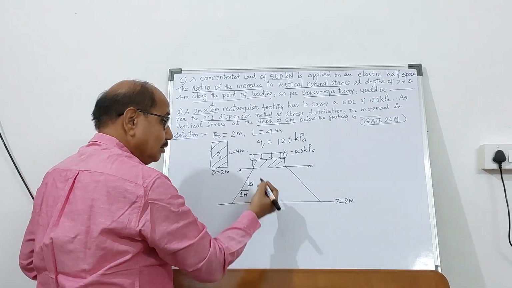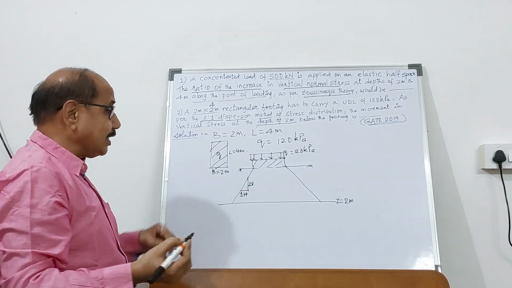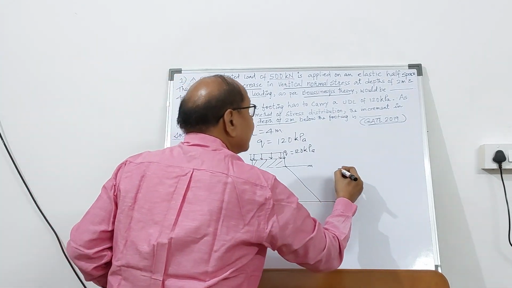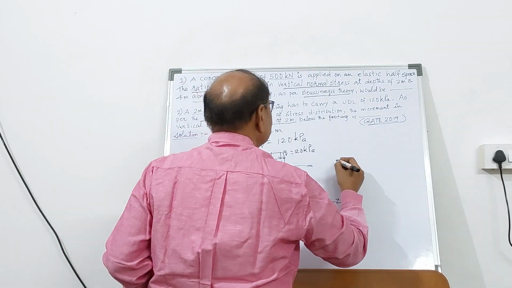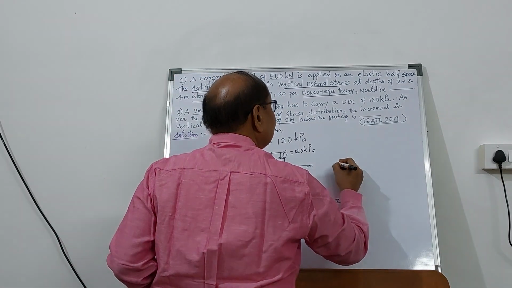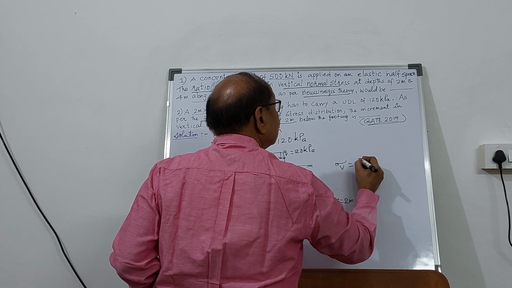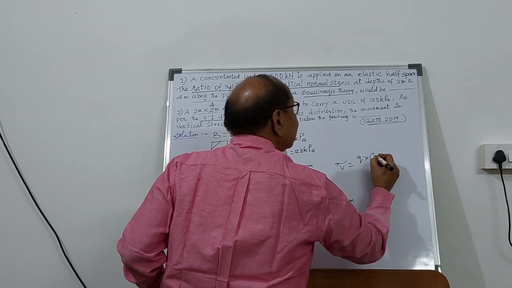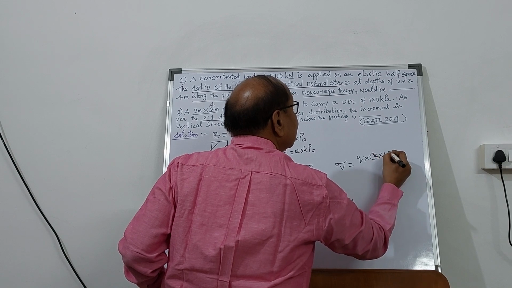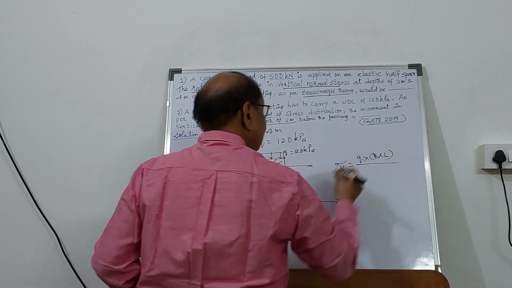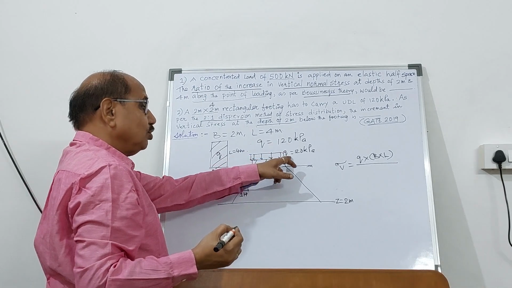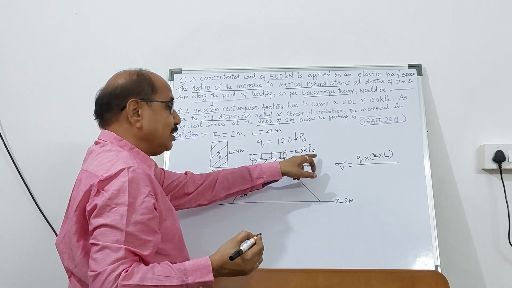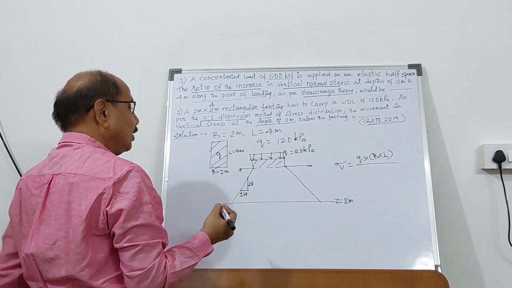It's quite simple. In theory, we have already seen that if this is the problem, then by 2:1 method, the sigma vertical will be equal to Q multiplied by the area of the footing. So area of the footing will be B into L. So this is the total load. So uniformly distributed load, Q of 120 kilopascal multiplied by area of the footing.